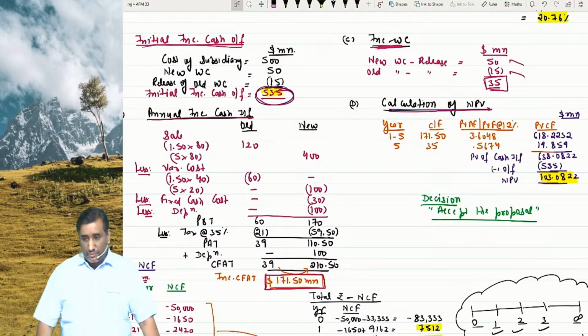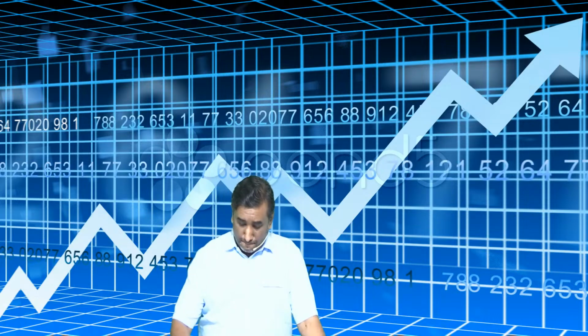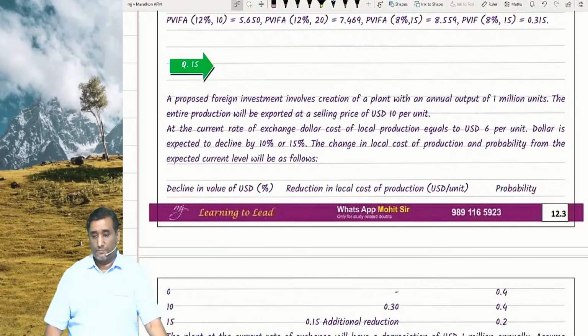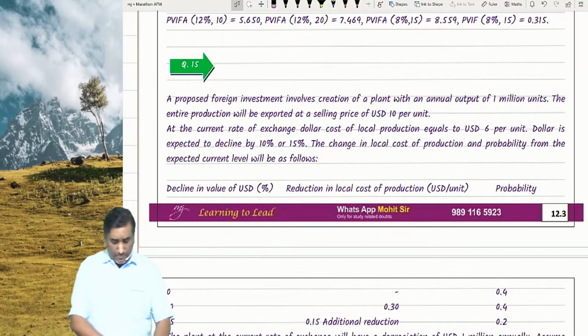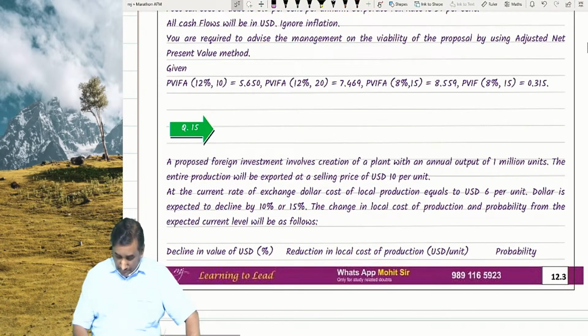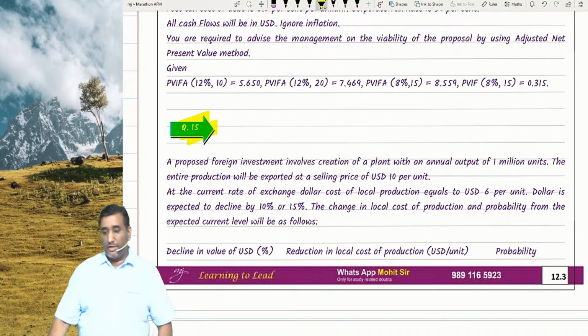Let's look at question number 15. A slight problem could be there in the data or understanding. Read it once quickly, please.